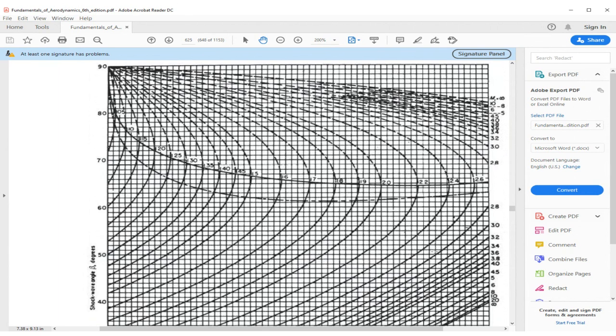The stronger shock, I'm guessing, would be the first one, so that'd be the lower wave angle. Why? Oh, fair. So it actually ends up being the higher wave angle, but here's why.